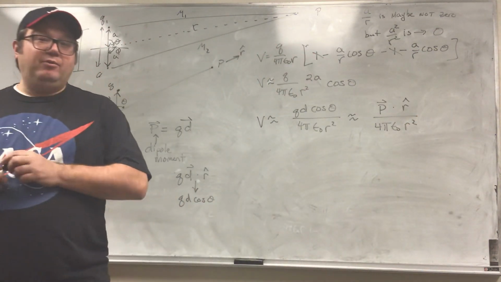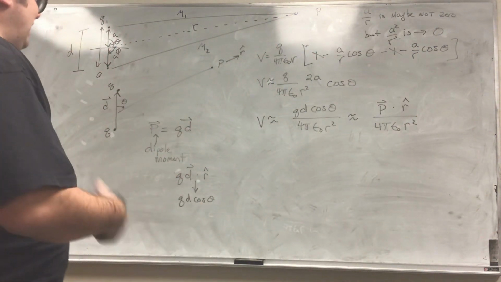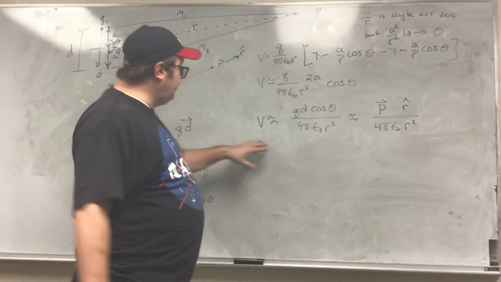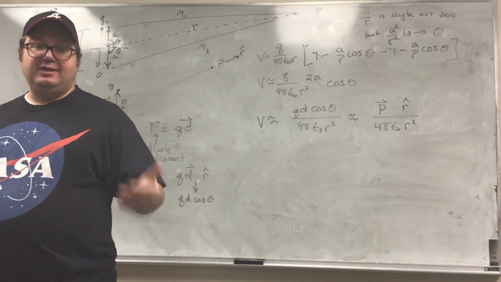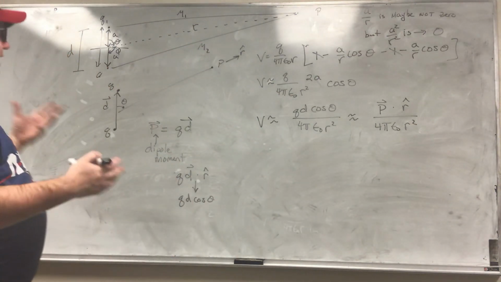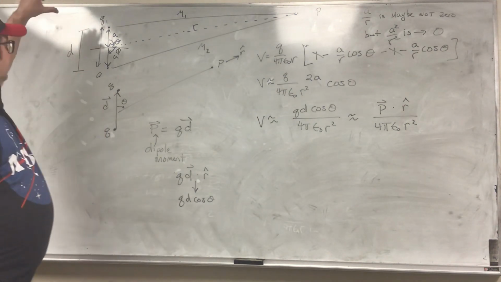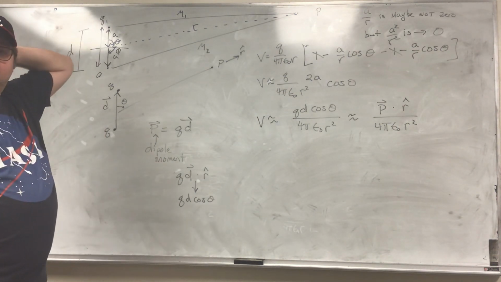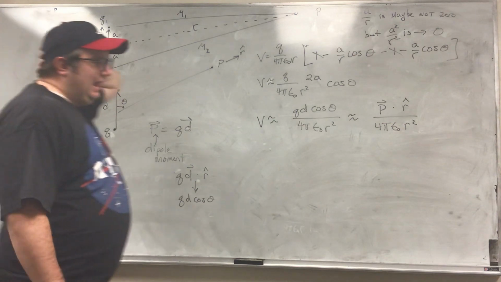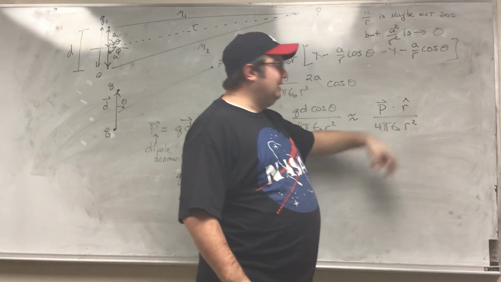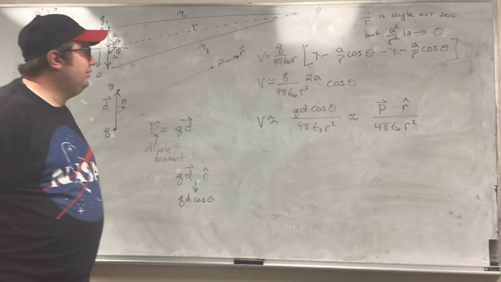So now what I have is a way to think about my potential. The first non-zero term in the expansion is a dipole, two charges. If you're far away, that's just 1 over r squared.